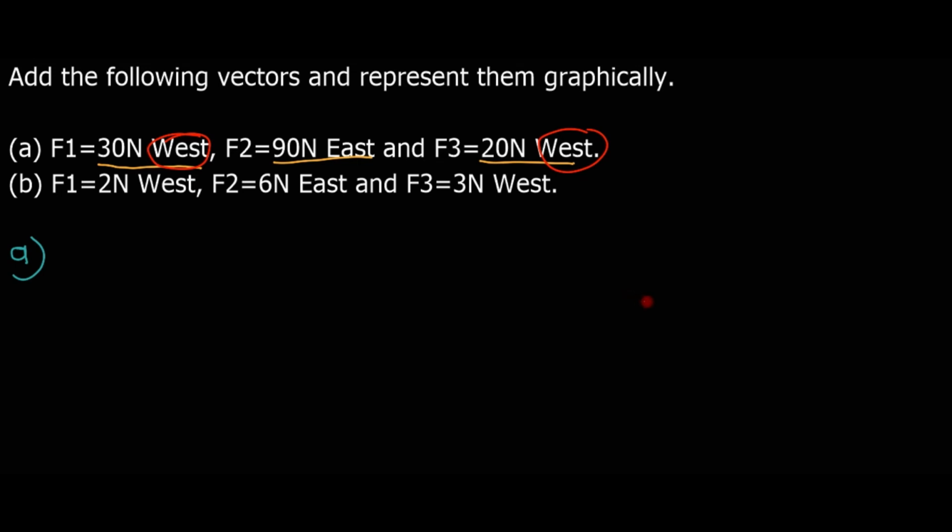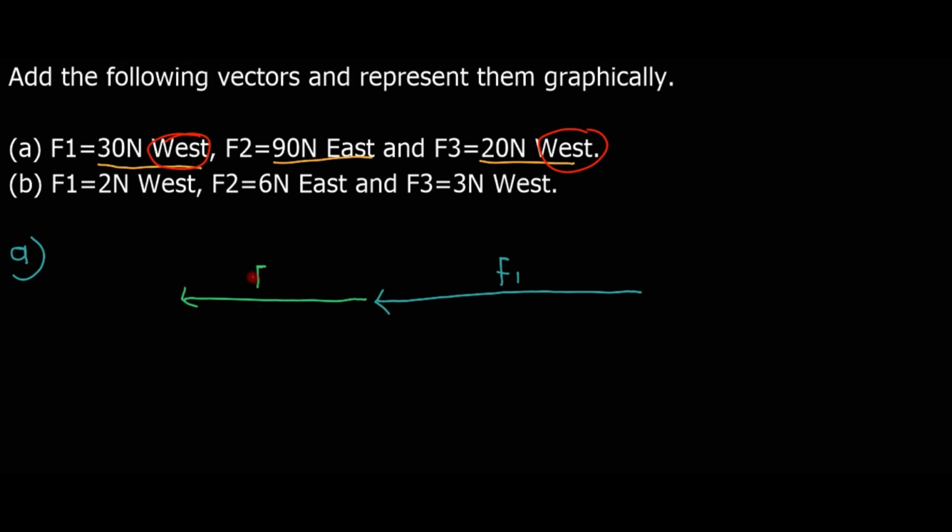Our first force is 30 Newton west, so I can draw it in this way because it is west, and then the force that follows is west, 20 Newton. Remember we said we start with the forces in the first direction first. So tail to head, we go over in this way.